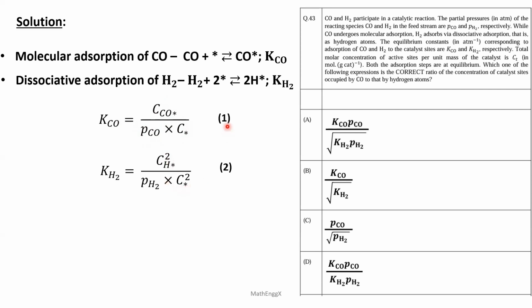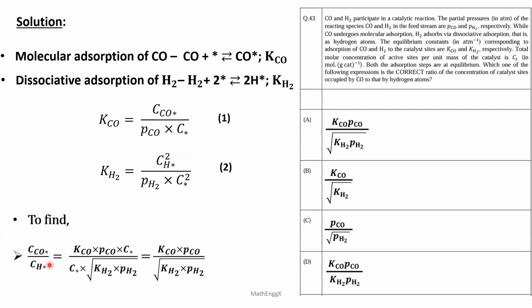Considering these as equations 1 and 2, we need to find the ratio of concentration of catalyst sites occupied by CO, which is CCO star, to that of hydrogen atoms, which is CH star. So we need to find the ratio CCO star by CH star.